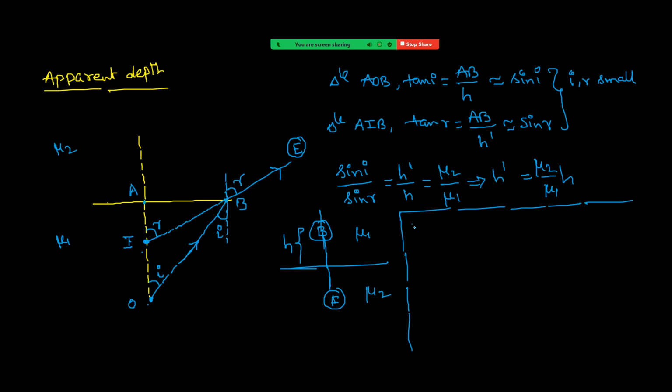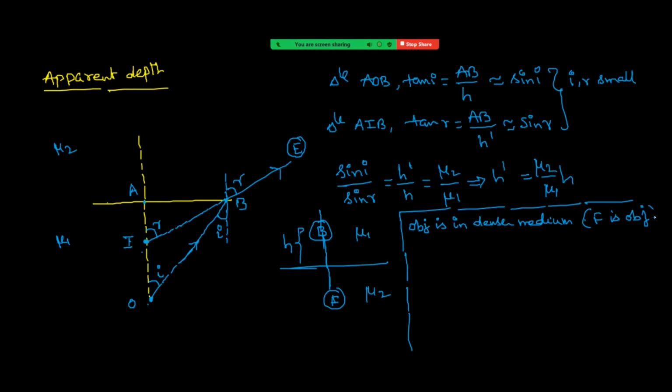I am taking the object in the denser medium. That means I am taking a fish as the object. To make it simple, F is for fish, the object.